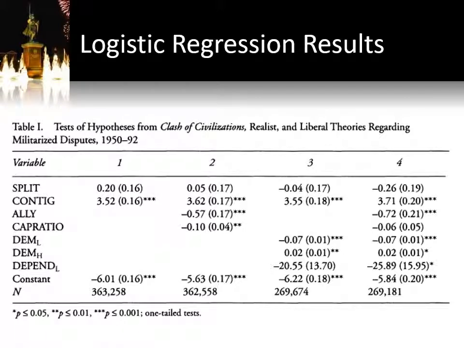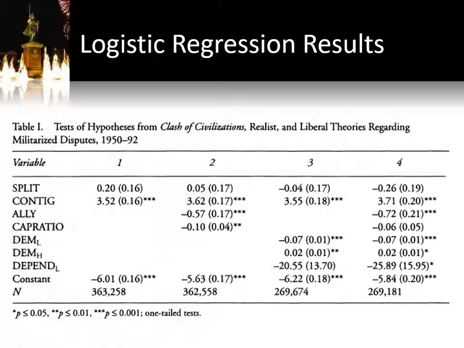That means that when you have an alliance, you're less likely to have a militarized dispute. I keep saying war, but technically it's militarized dispute. Well, cool. And there are 3 asterisks. It's significant. And we bring in cap ratios, with a negative impact. It's significant, not as significant, but still, 2 asterisks are good. So we see the realist model is explaining stuff pretty well.